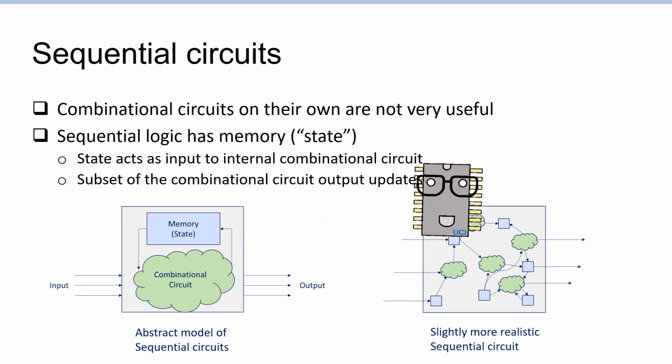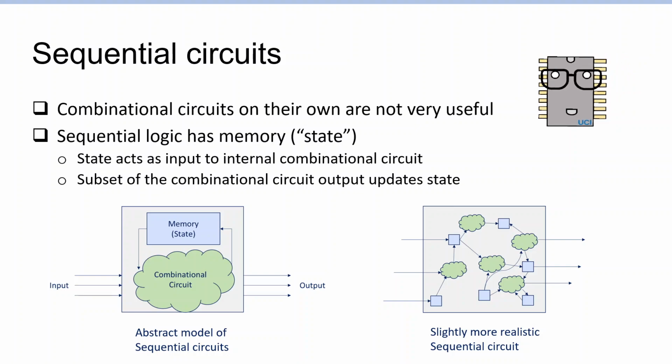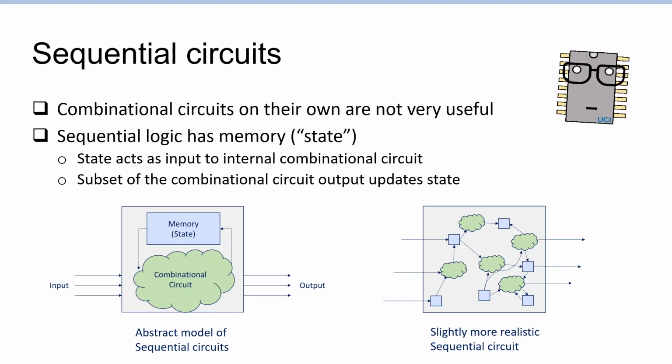So now we move on into sequential circuits, which have state and memory. Combinational circuits by themselves are typically not very useful because there's limited use to circuits when the observable behavior, the output, only depends on the current input.